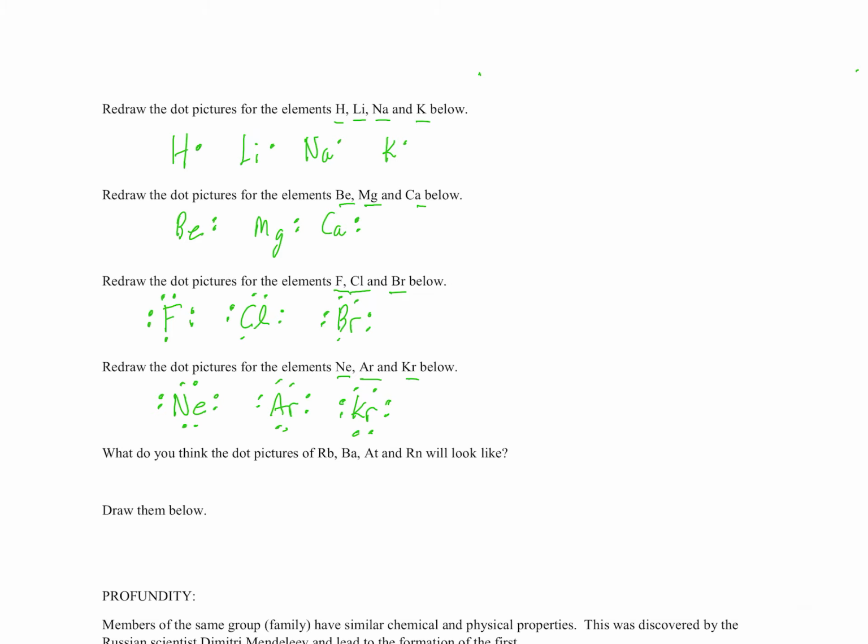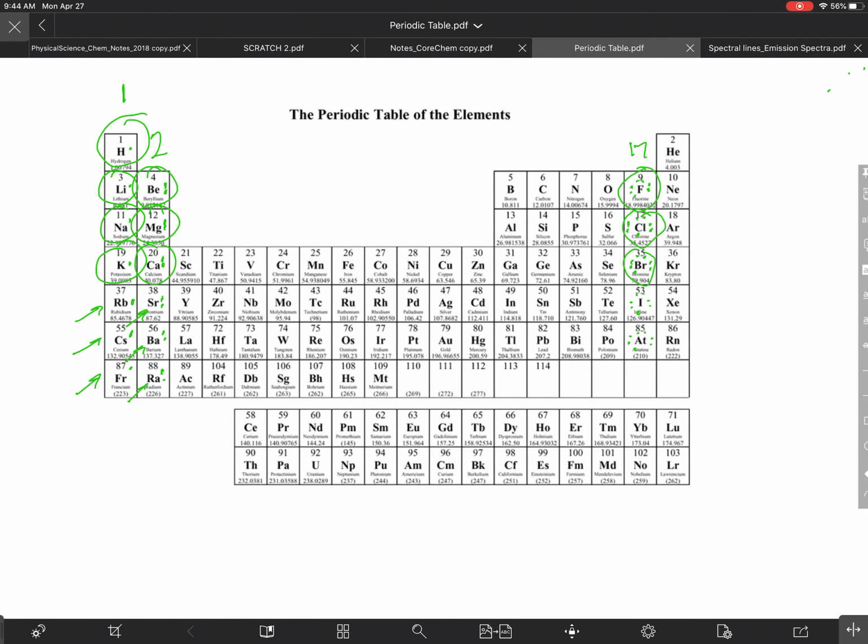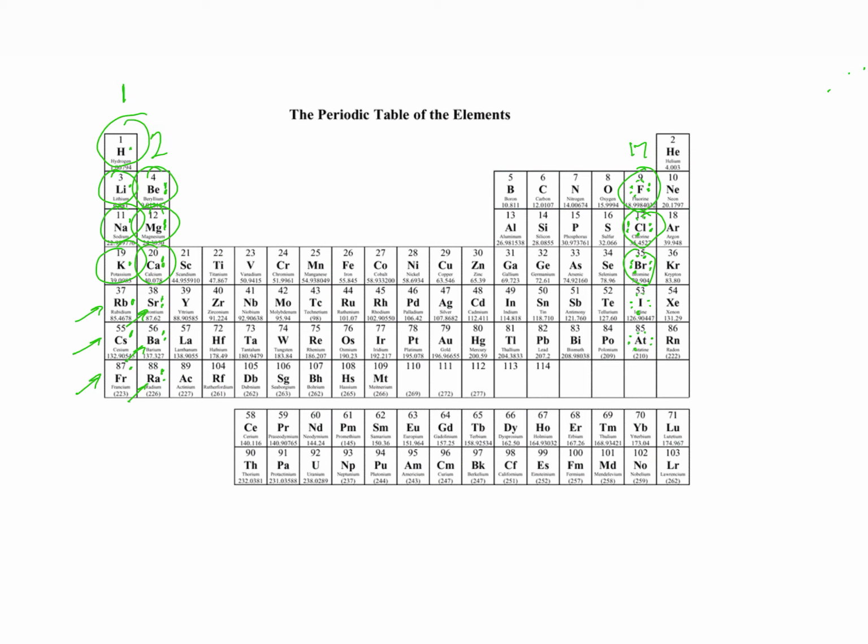Let's find them on the periodic table. Here's neon, here's argon, and here's krypton. And sure enough, they have 8 dots or 4 pairs of valence electrons.